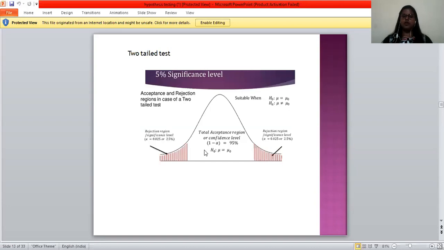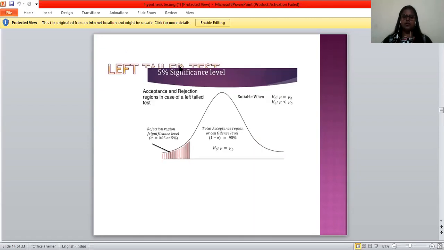If H naught is accepted with an alternative hypothesis being set up at 95% confidence level, you have two regions on either side called rejection regions, at 2.5% level of significance and 2.5% level of significance. So the acceptance and rejection regions in case of a two-tailed test are shown here.